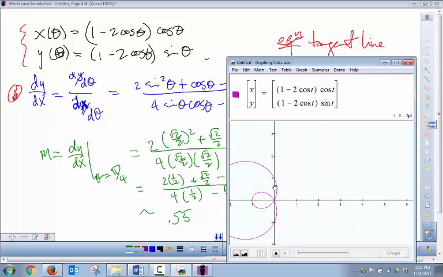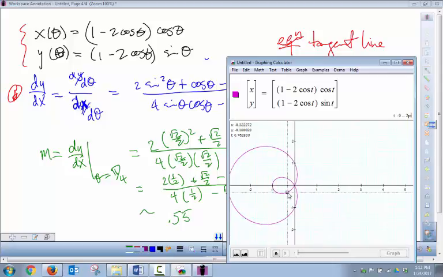Yeah, so there are some points over here where you would have possibilities of positive tangent lines. Well, that's a small place over here.